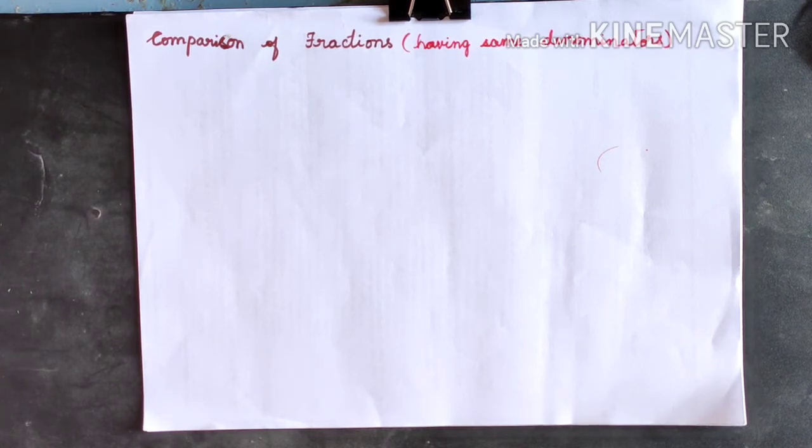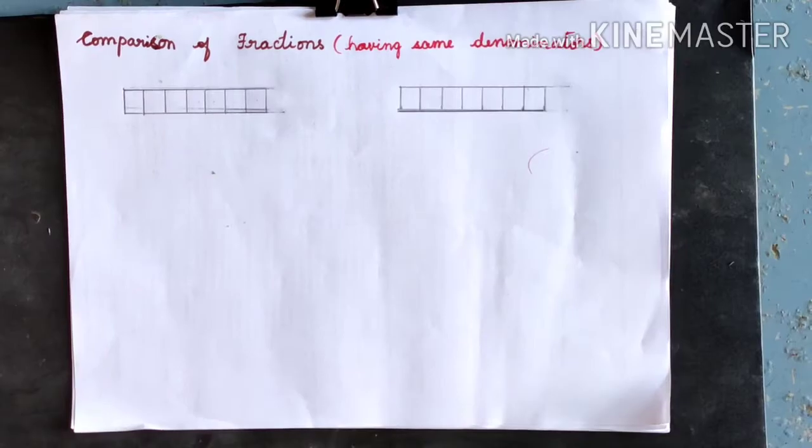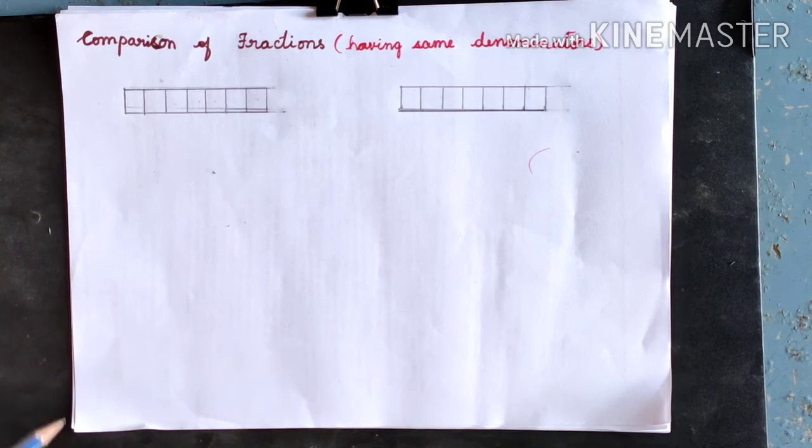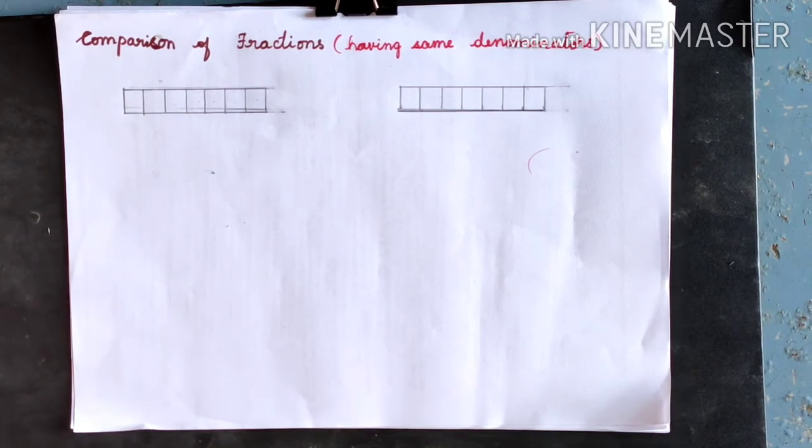Let us begin with an example. Let me take first example from your reader. We can see two equal rectangles. If I shade one part of this rectangle, the fraction becomes 1/7.